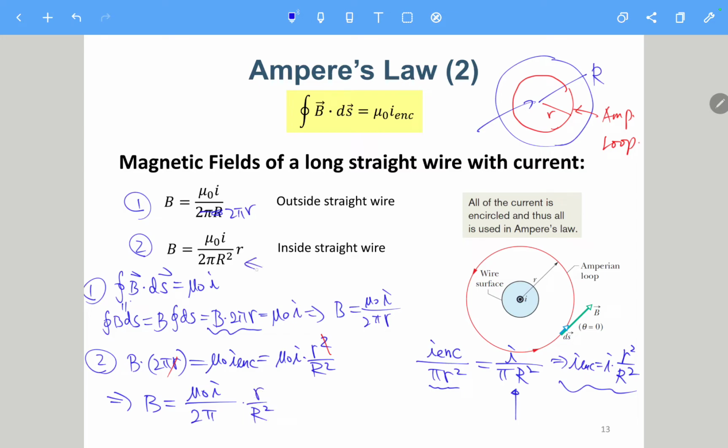So we have this one and also this one. It means that it is inversely proportional to r outside, and proportional to r inside. So far, any questions?